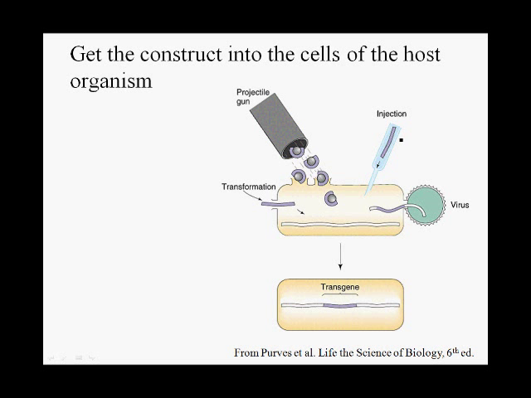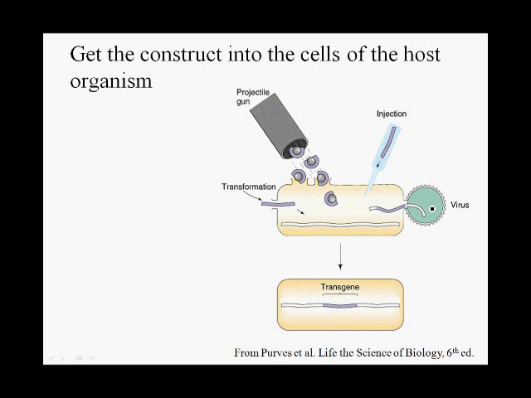Another is to use a microfine needle and directly inject the DNA into the nucleus of a eukaryotic cell, for instance. Another is to use nature's own delivery mechanism. Viruses are highly specialized and highly efficient at getting their DNA into cells.